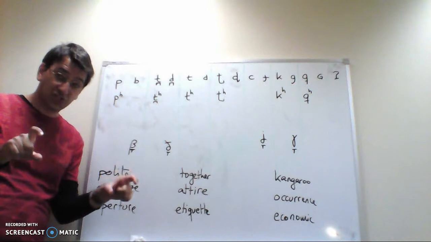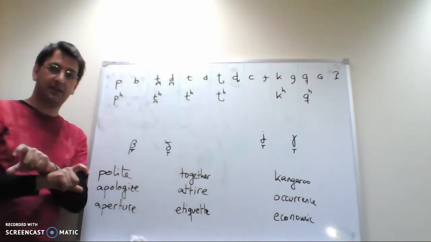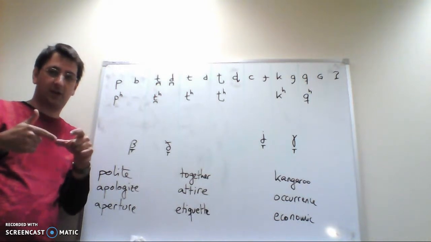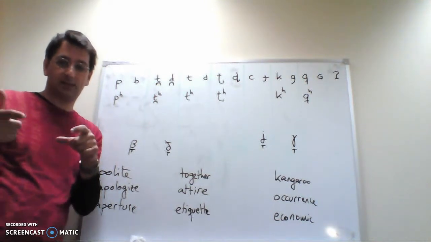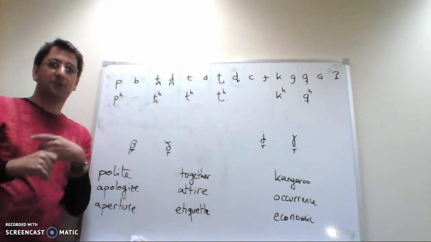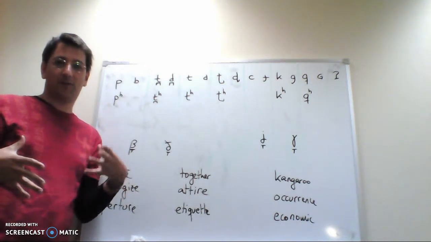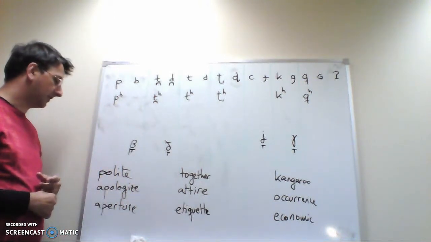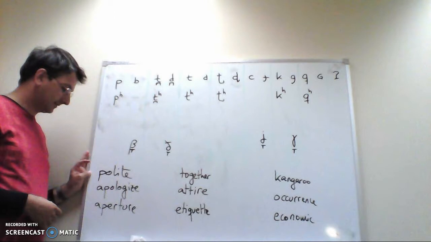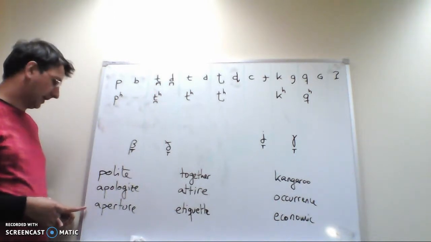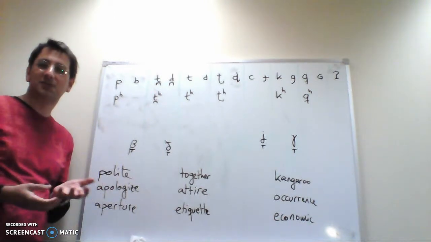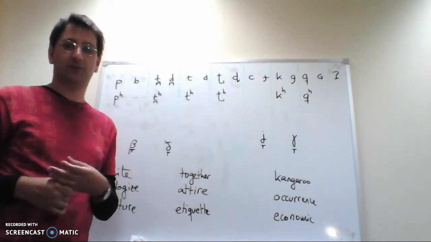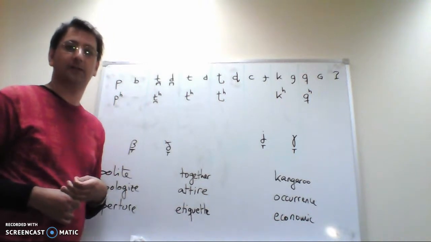But then if you change the rule, so you pronounce the aspirated stop when you're supposed to pronounce the plain stop, and vice versa, then you really gain awareness of what the difference is about, right? So imagine I would say polite, but aperture, right?